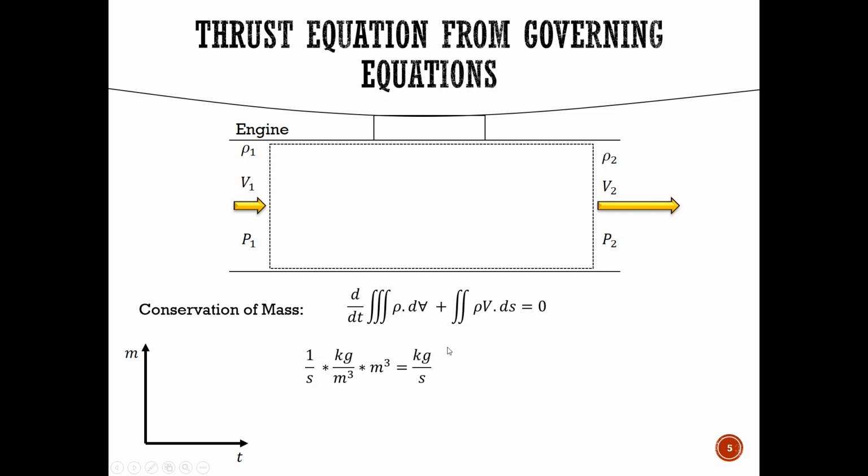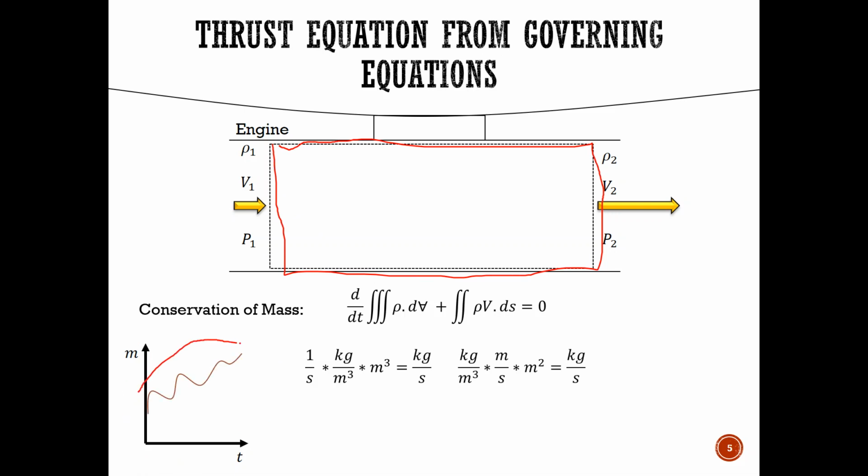So all the first term is doing, in this control volume right here, is tracking how the mass is changing as a function of time. If you have a variation in mass as a function of time, then either mass is accumulating or it's getting removed from the control volume.